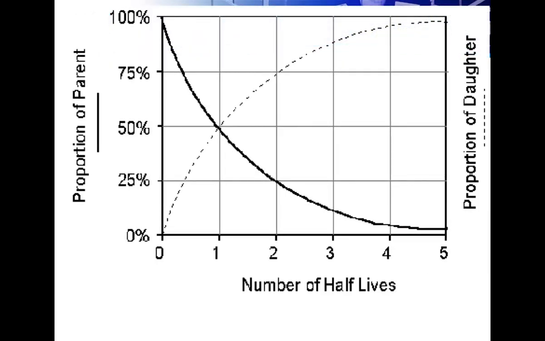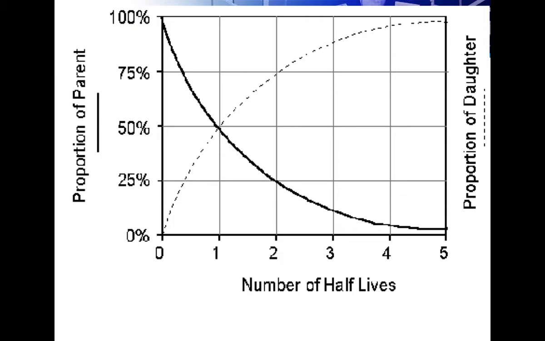If I'm looking at a graph, you'll notice here, look at the number of half-lives on the bottom. Every time it goes through a half-life, look at what's left of the parent material, which would also be our unstable material. At one half-life, there's 50%. At two half-lives, there's 25%. At three half-lives, there would be about 13%.